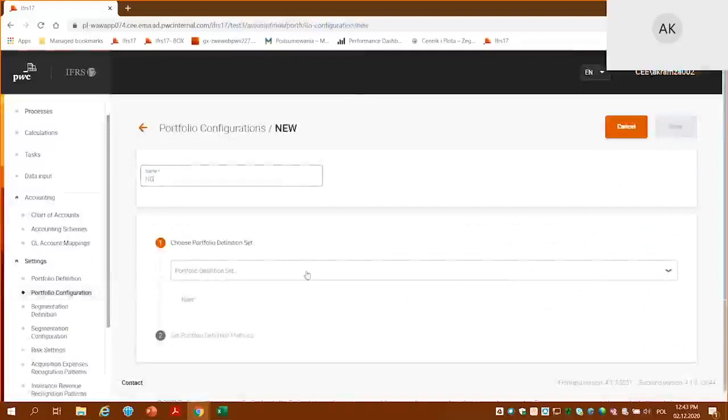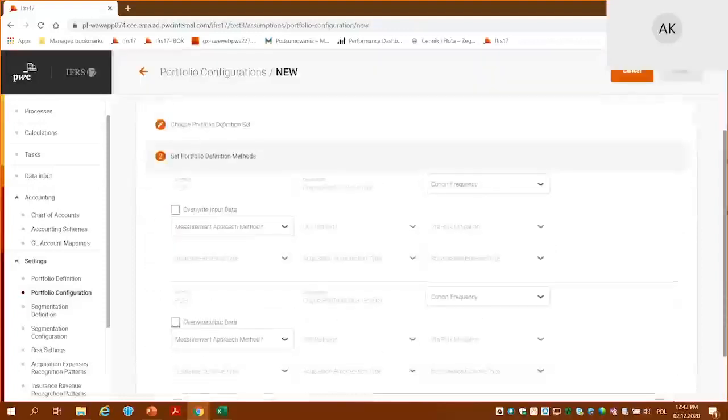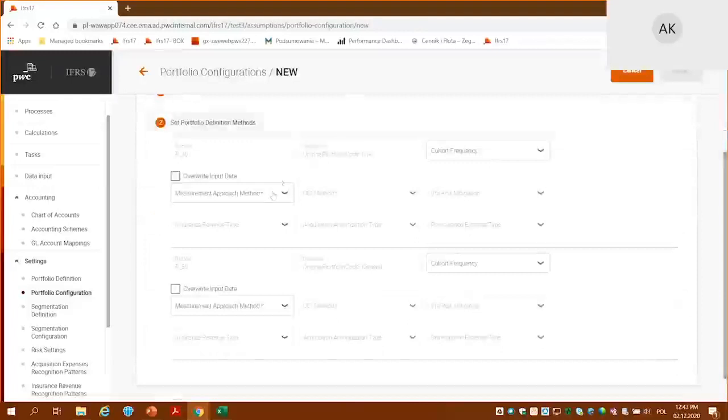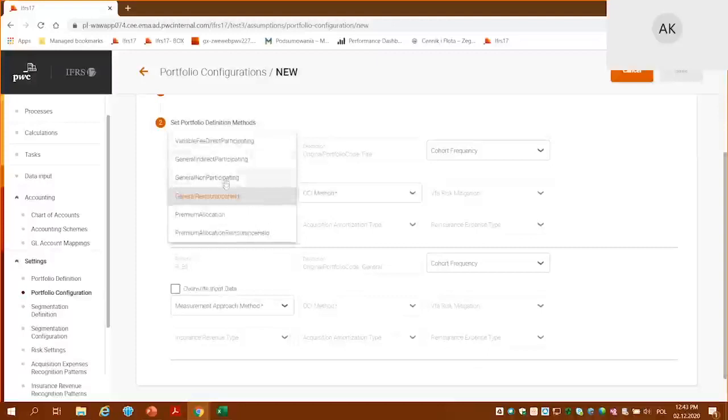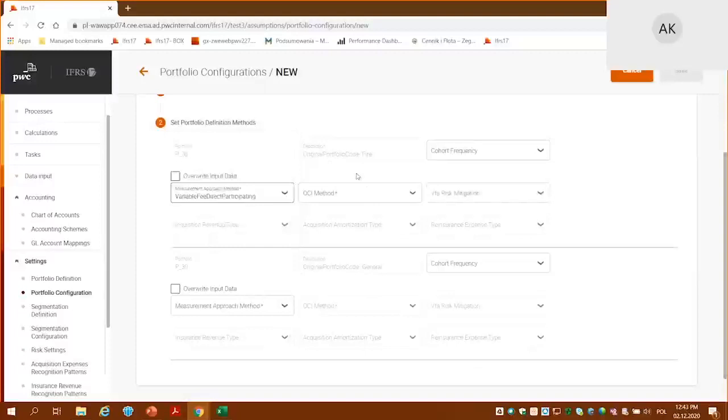So, for example, if I do the test data, through the settings exercise I can pick the relevant measurement method, which is then followed by all optionalities that have been prescribed by the IFRS 17 standard, including the latest exposure draft that gives certain additional optionality on the risk mitigation technique, for example, here for the VFA.